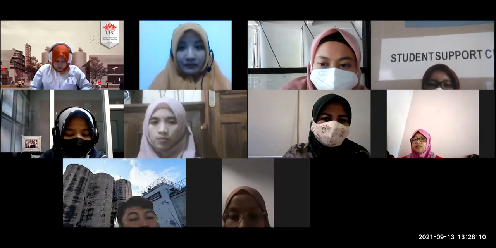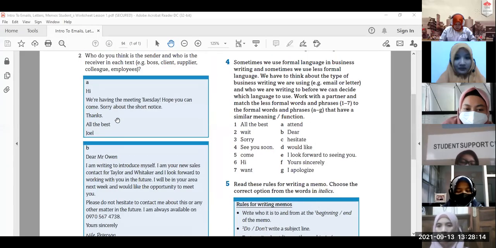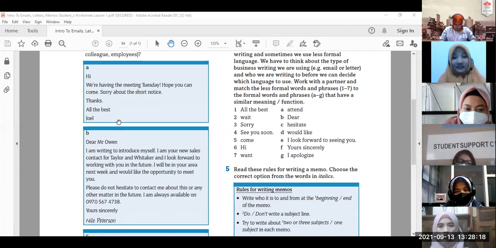Okay, Miss Dwi, before, because you said the email is friendly, why do you think the email sounds friendly? Sometimes it's friendly, but sometimes not. Trust me. So according to this text, is it friendly or not?